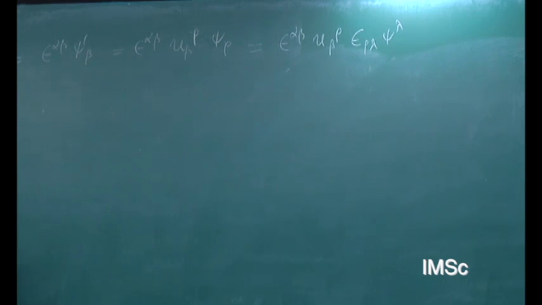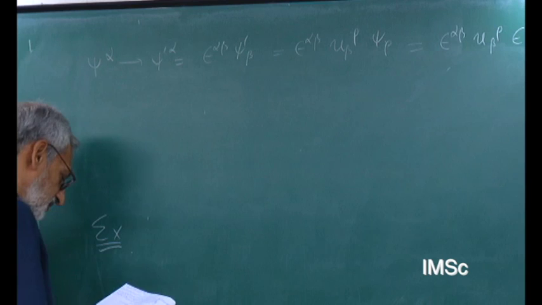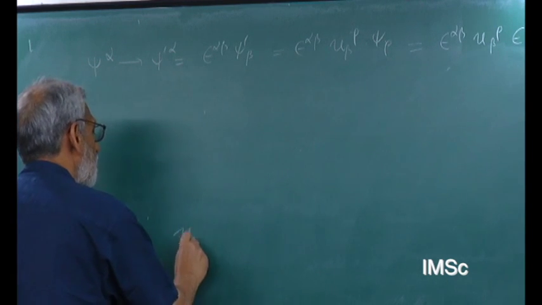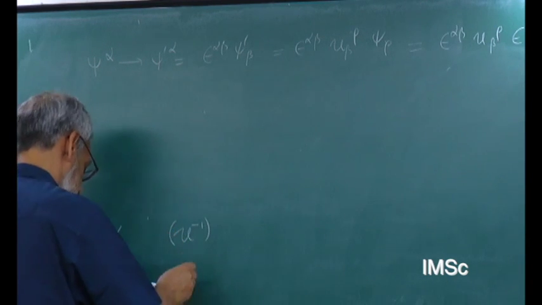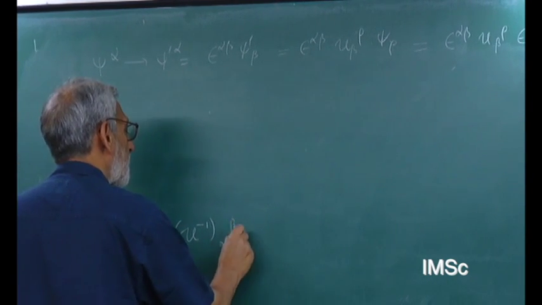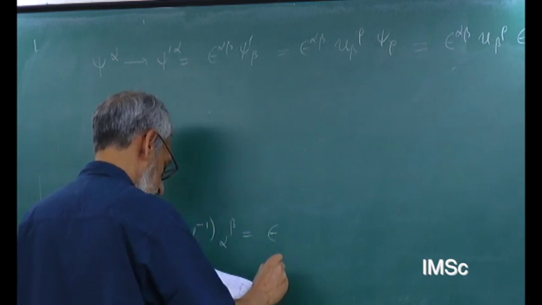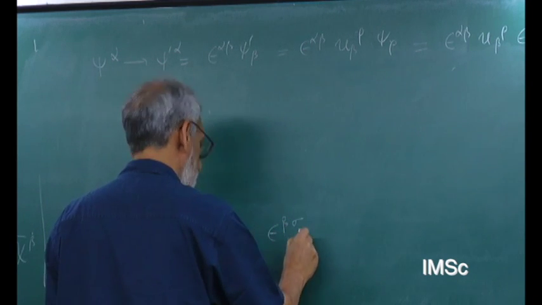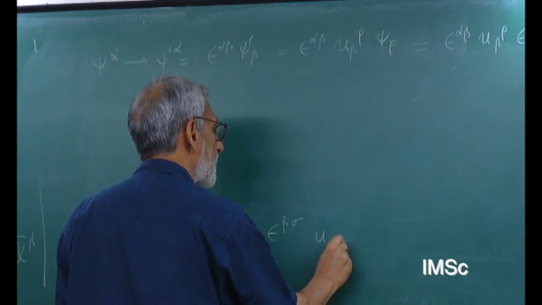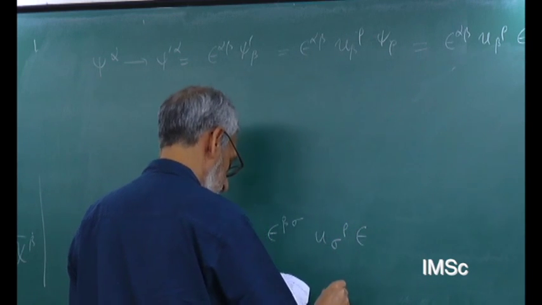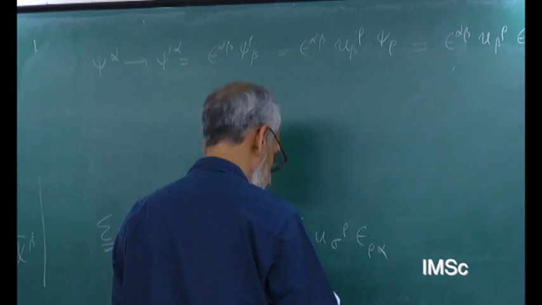Now another exercise. Show that U inverse alpha beta is the same as epsilon beta sigma U sigma rho epsilon rho alpha.